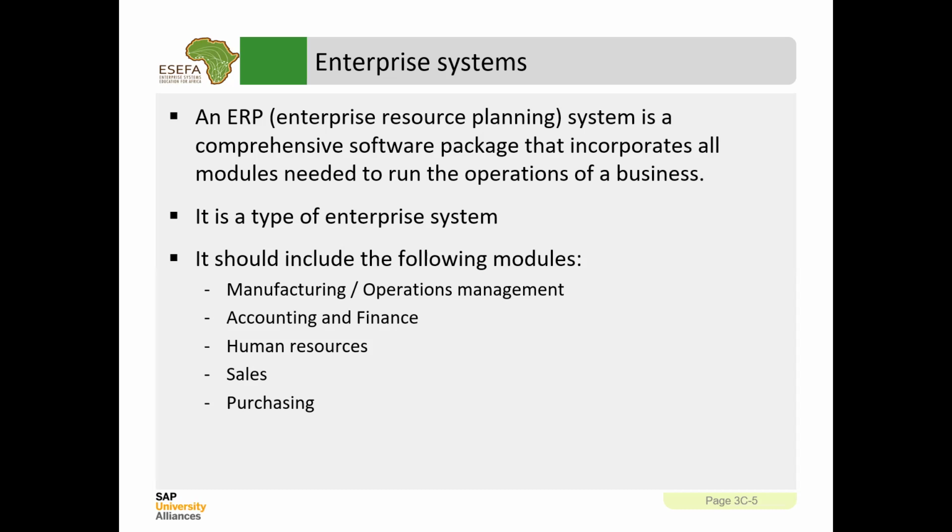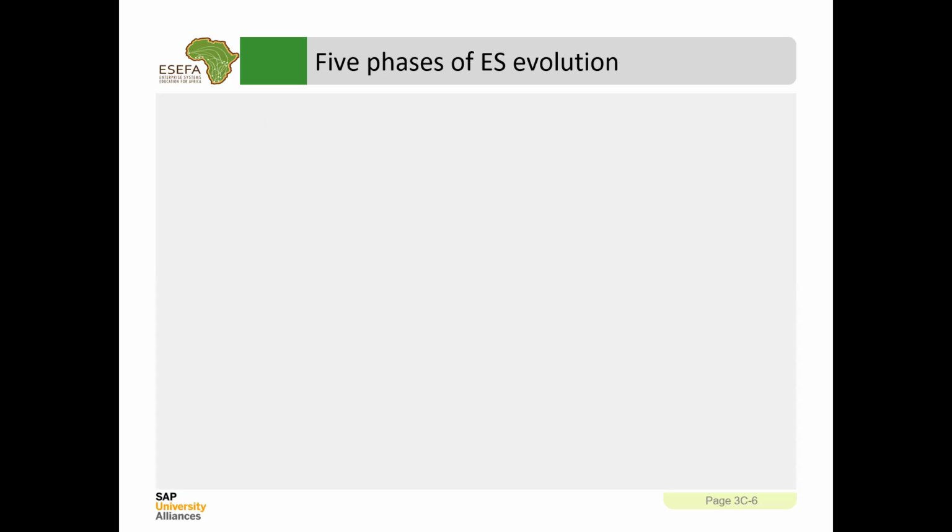As time goes on in the course, you're going to see how each of these modules relates with the others, what kind of transactions take place between all of these modules, and how they are interwoven to make up the entire ERP system.